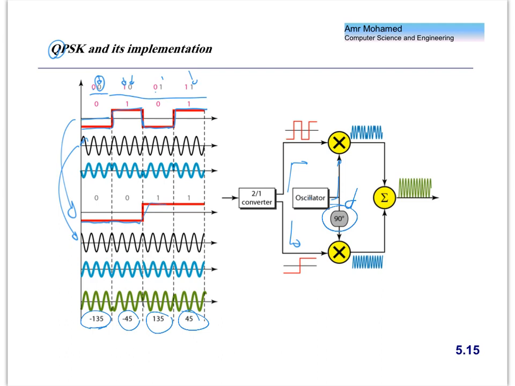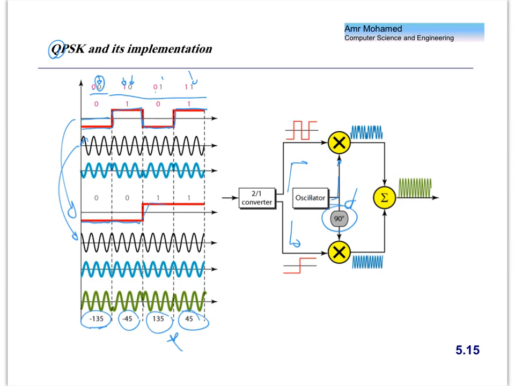If we start from 0 phase shift, then the next symbol will have a phase shift of pi/2, then 180 degrees, and then 270. Okay? It turns out here we're not starting from 0 phase shift. When we talk about QAM, we will visualize this and it will become clearer.